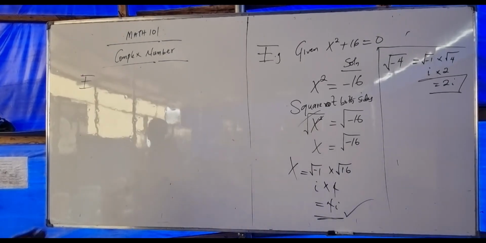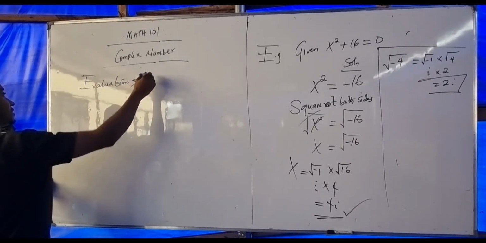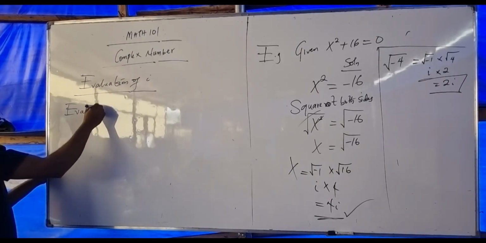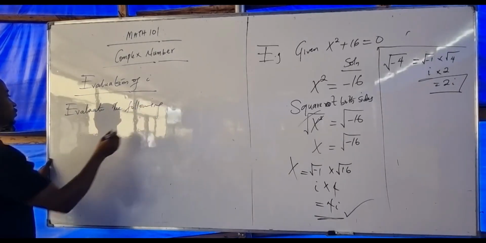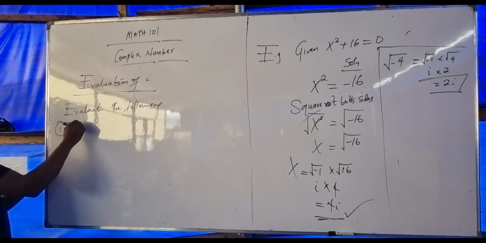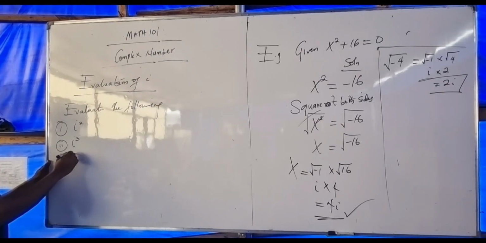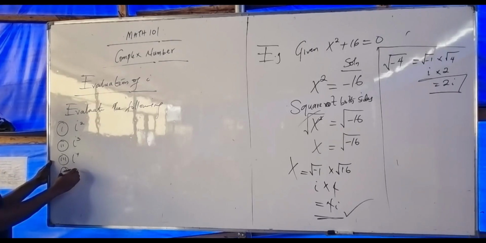Okay, the next is evaluation of i. Let's evaluate the following. I won't do much of this. Number 1, we have i squared. Number 2, i cubed. Number 3, i raised to power 4. Number 4, i raised to power 8.